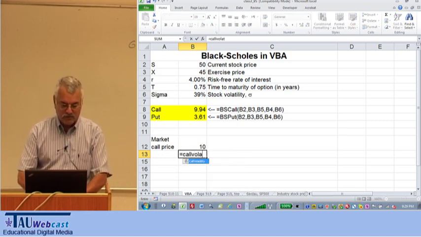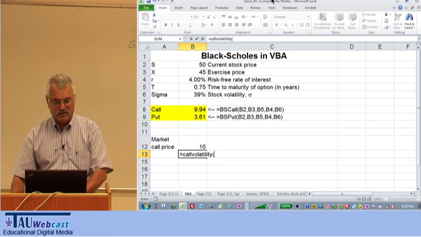My contribution to science is I wrote a function. Except I can't spell the name of this function. I hope it's right.